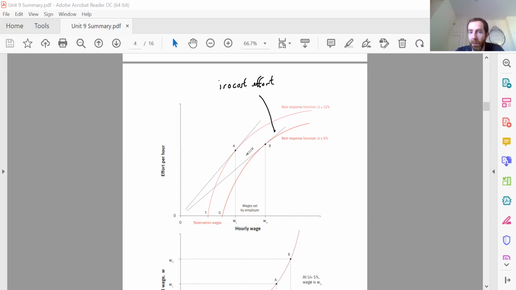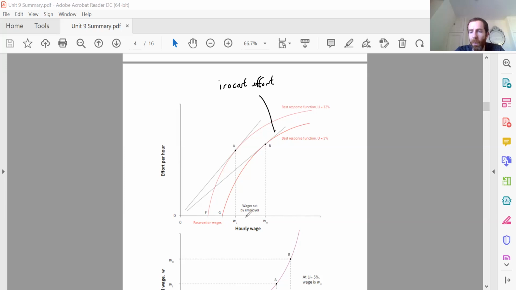So from a firm's perspective, they want this line to be as steep as possible, because the steeper it is, the higher the level of effort per hour they're getting. Effort per hour for them is getting lower and lower. So firms want this to be as steep as possible. So at a level of unemployment of 5%, what wage is the firm going to pay?